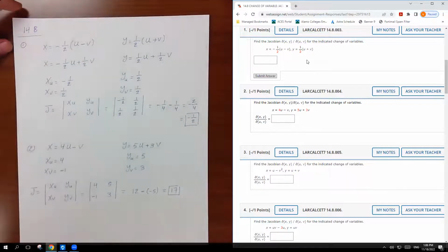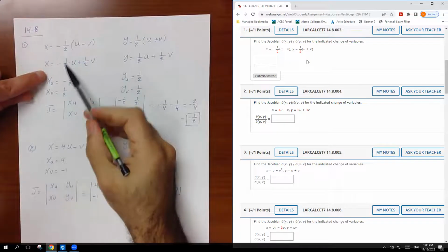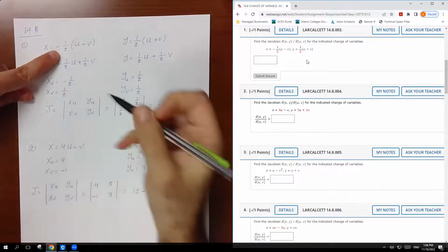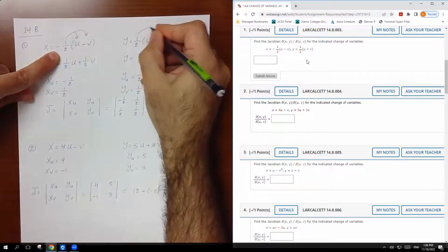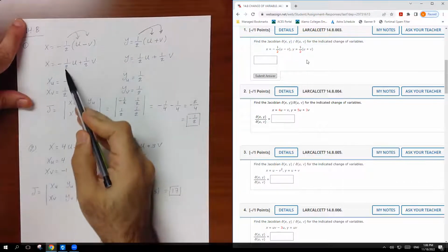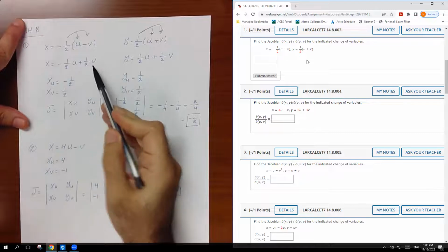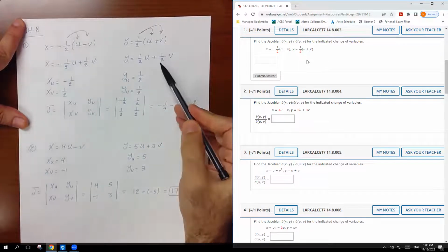So here are x and y. It's going to be easier if you distribute the 1/2. So x is going to be -1/2 u plus 1/2 v, and y is going to be 1/2 u plus 1/2 v.